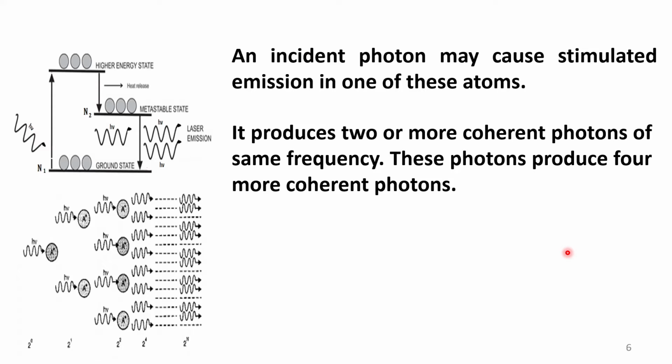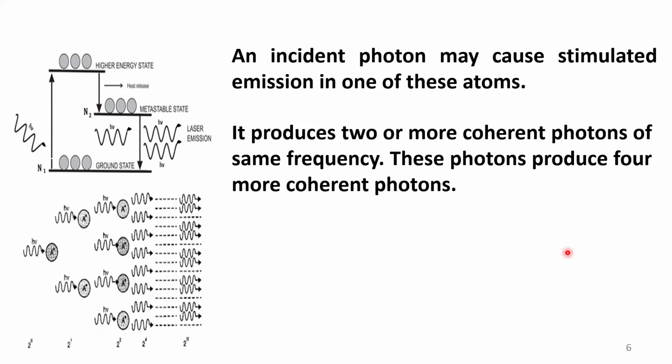In the previous lecture we have seen the amplification of the stimulated emission, in which when one incident photon interacts with an atom in the metastable state, it produces two coherent photons.